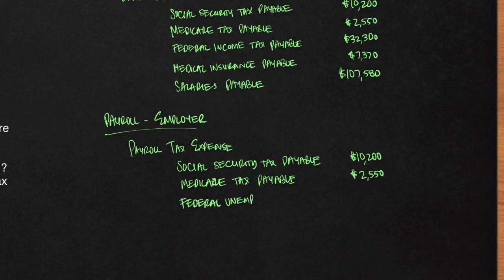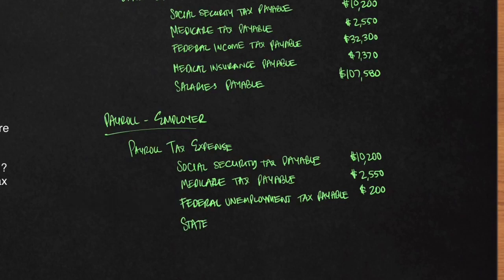Next, we only have two credits left. The next two credits are federal unemployment tax payable, and only the employer pays this. So here in our problem, you are limited to a certain amount that is taxable because there are limits. In this case, our calculation will give us $200.